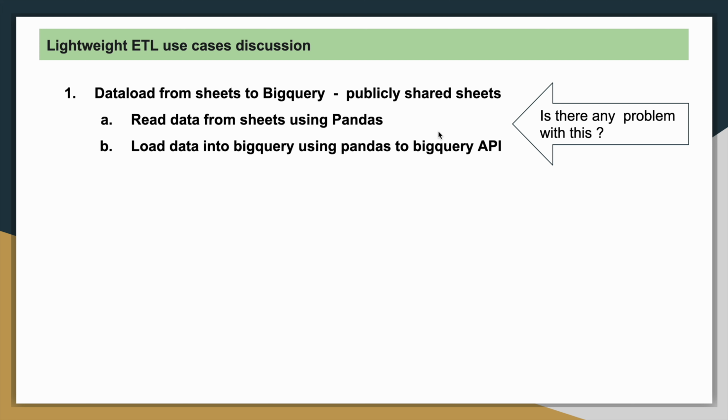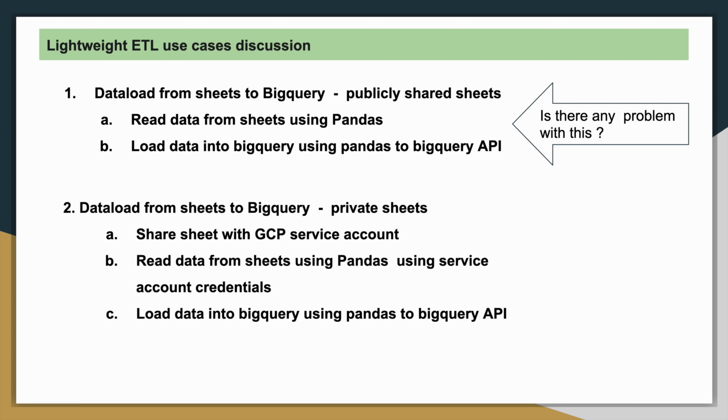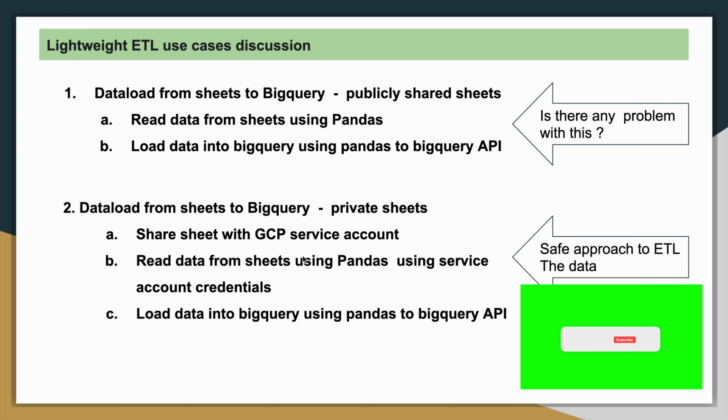In the second approach, we are going to discuss how to load private sheet data into BigQuery. We are going to use a different approach here. We are not going to use our individual credentials to read private sheet data. Instead, we are going to use a Google Cloud service account.